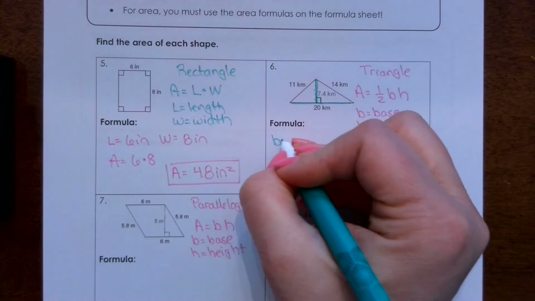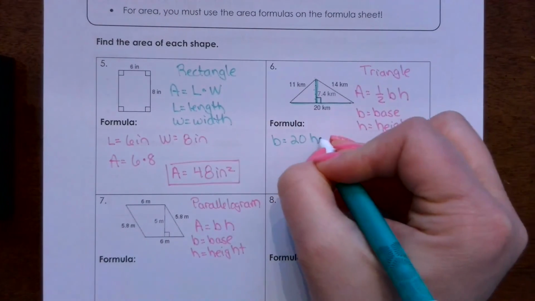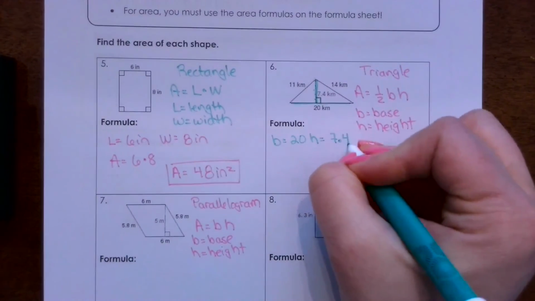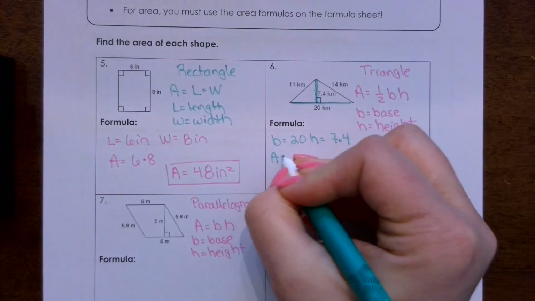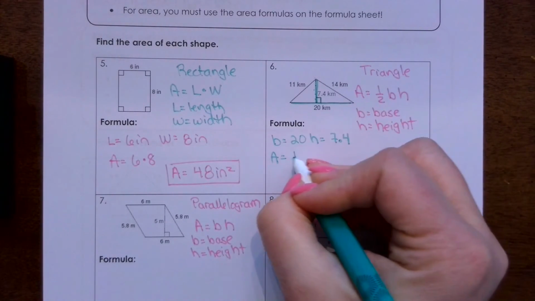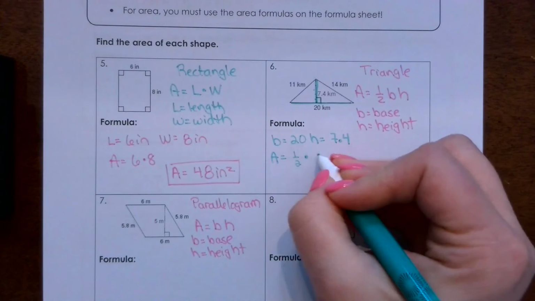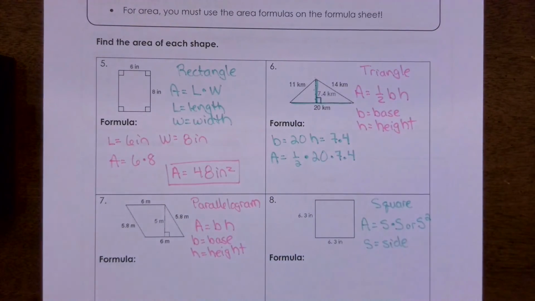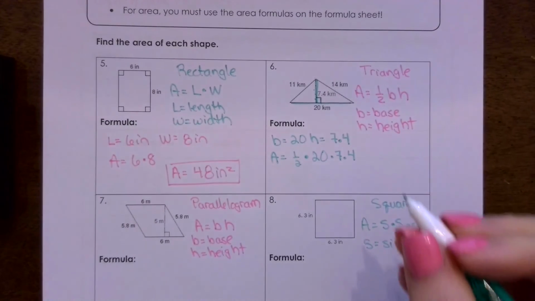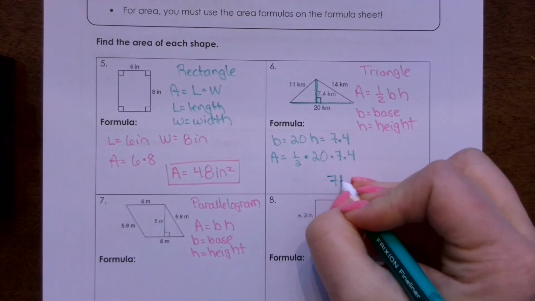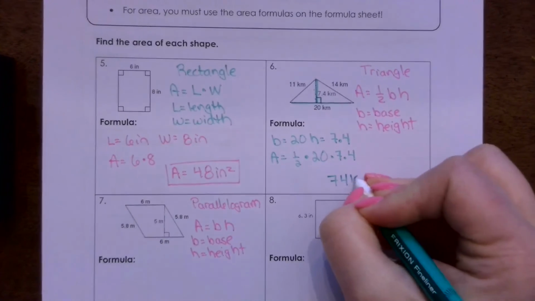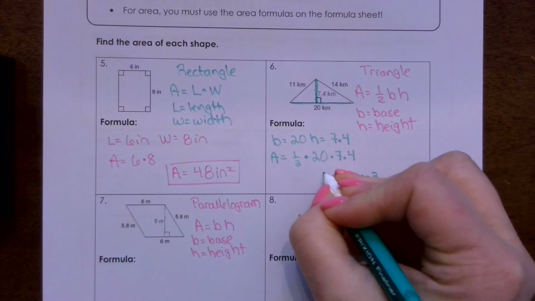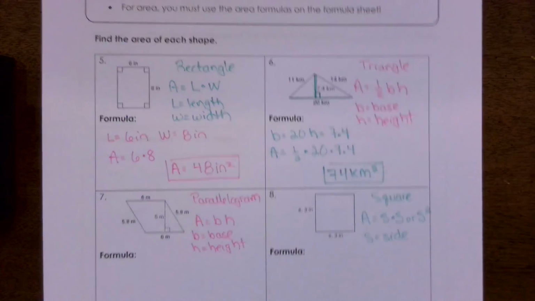So I have a base of 20 and a height of 7.4. Area is 1/2 times my base times 7.4, the height. I am going to put that in the calculator and I will get 74. And now I'm going to put kilometers squared to label it.